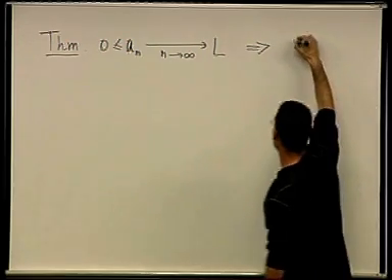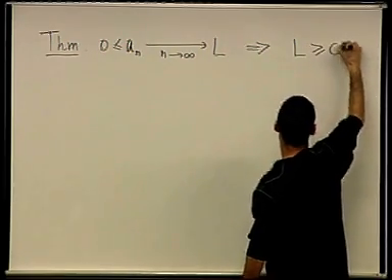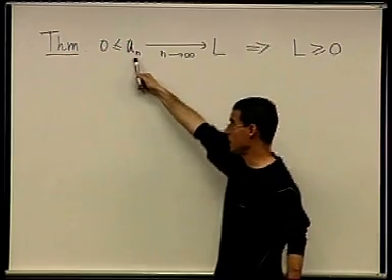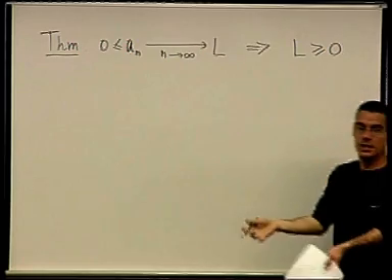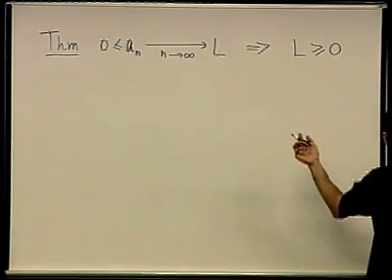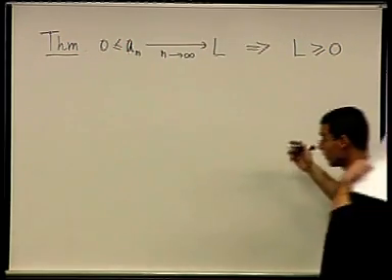Right. L is also going to be non-negative. If you have a sequence of non-negative numbers that converges, the limit can't suddenly be negative. Do you agree to this? Does it make sense? Okay.